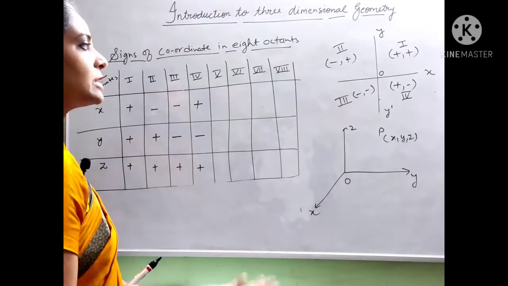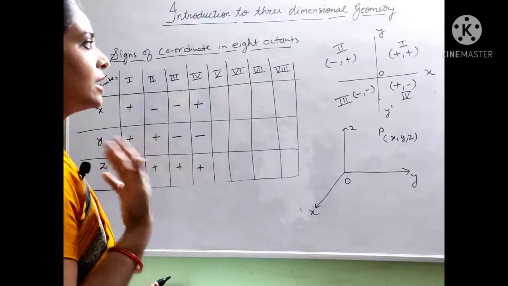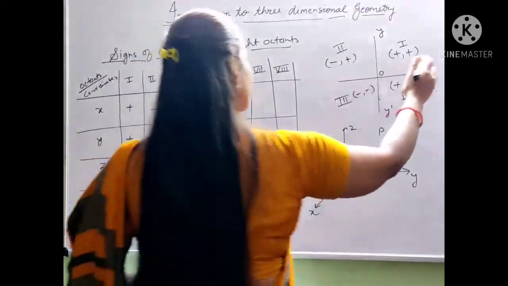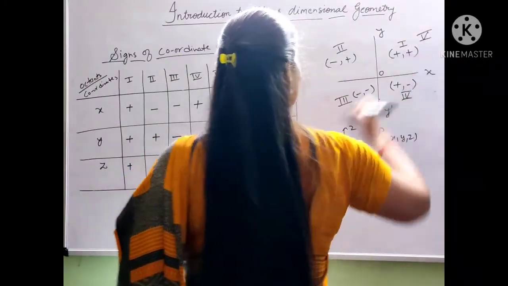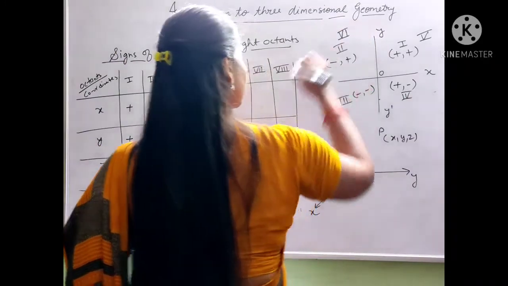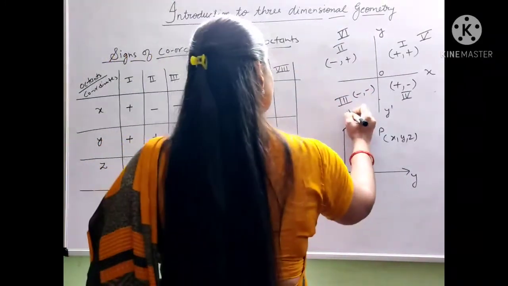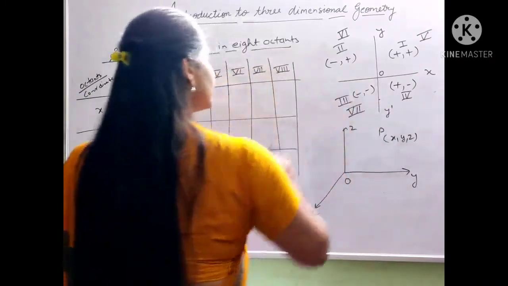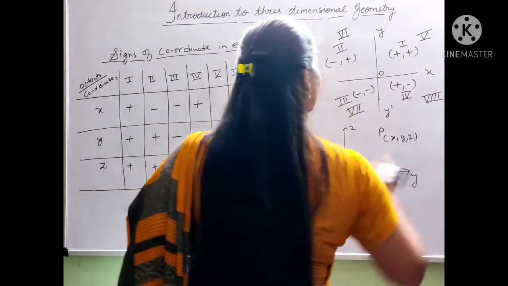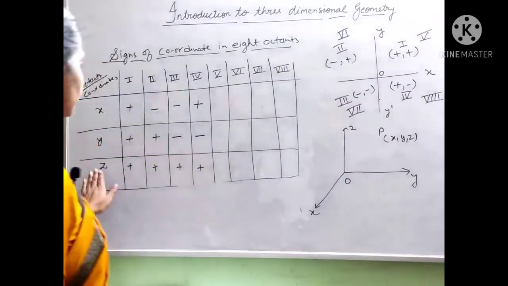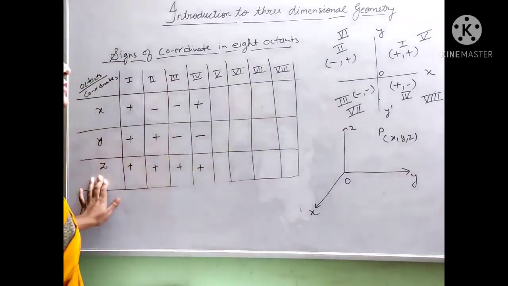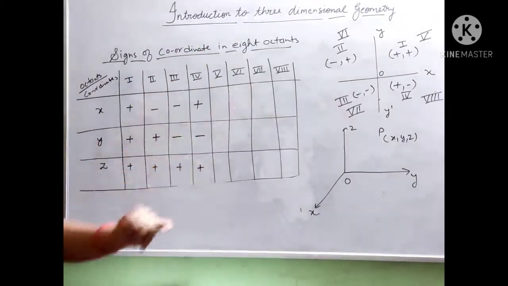To understand the concept well, you just have to remember that the fifth octant is behind the first quadrant, the sixth is behind the second quadrant, the seventh is behind the third quadrant, and the eighth is behind the fourth quadrant. So except for z, all the values of x and y will be the same as in two-dimensional geometry.